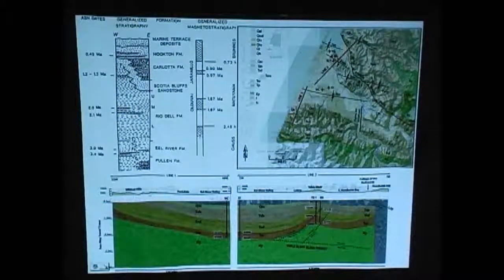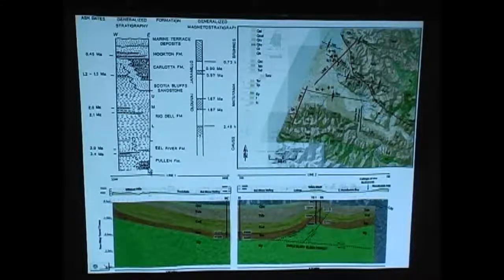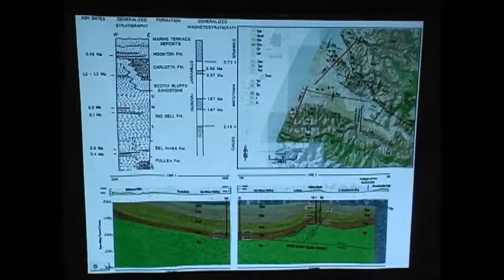So here's the Eel River Valley, and here's the general section of the Wildcat Group. About 3,000 feet of section, some nice ashes giving age control. And the basal unit is the Pollen Formation, which is very, very well exposed at Scotia in the river bottom.